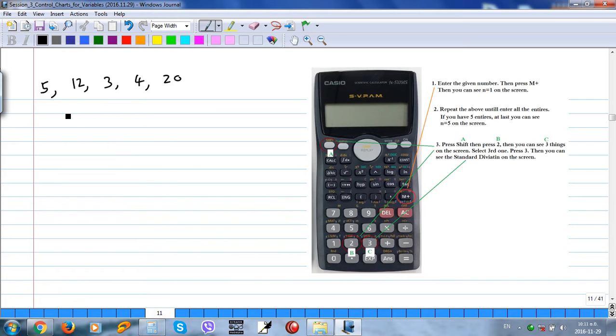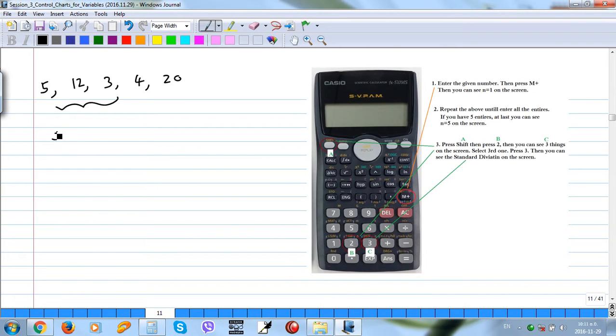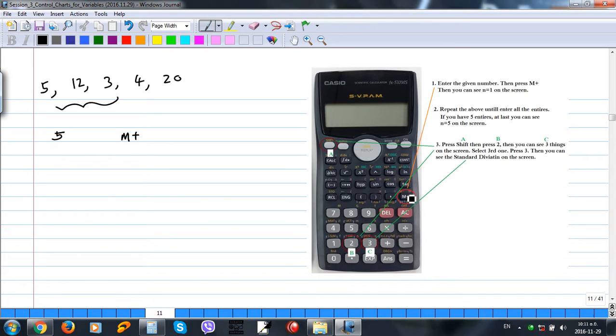If you need to find the standard deviation of these numbers, change to the standard deviation mode, then type 5 and press M plus. If you press M plus, you can see n equals 1 on the display, right? Then type 12 and press M plus, and you can see n equals 2.